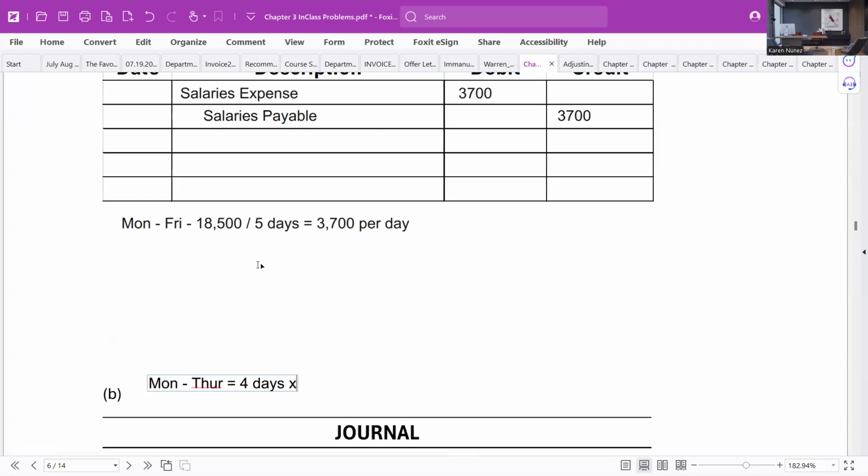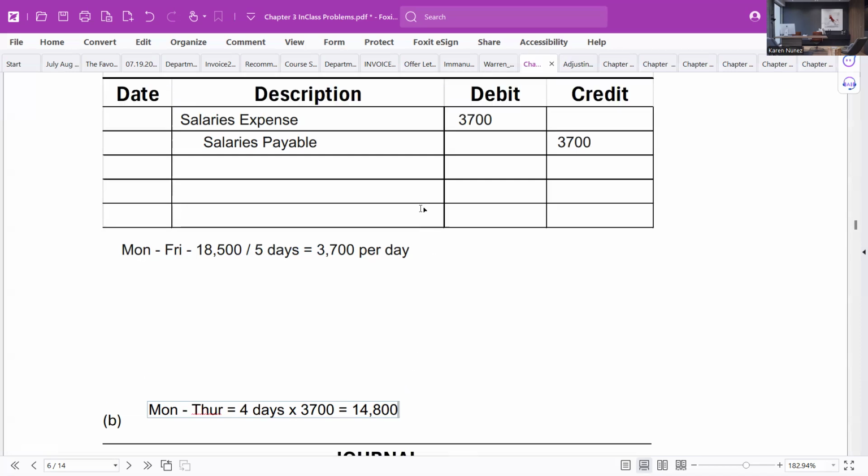And what does it cost per day? $3,700 per day. So now we're talking about $14,800. We need an adjusting entry for Monday through Thursday, which is 4 days at $3,700 a day, $14,800.